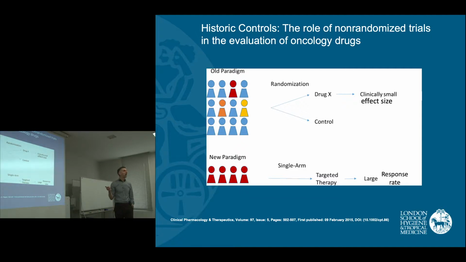If I do a standard randomized trial in everybody with the cancer, then the clinical effect size that I see will be small, because the drug's only going to be effective in a small subpopulation. So I could do my big randomized trial, but it isn't going to be that useful.